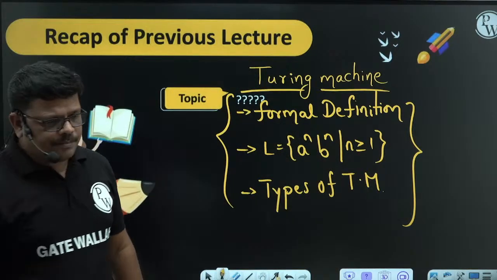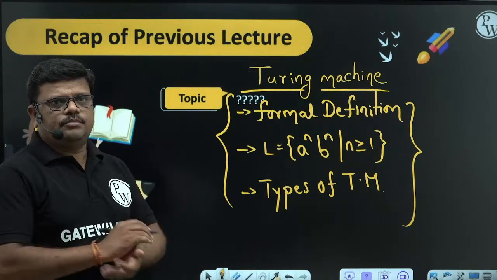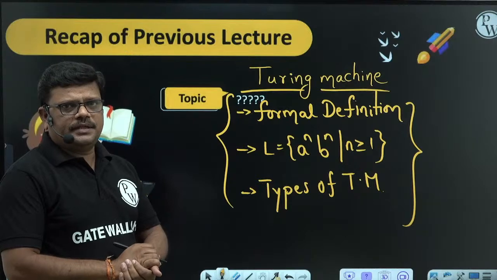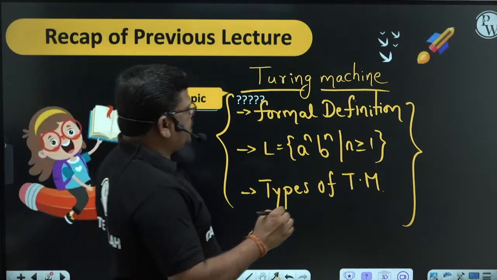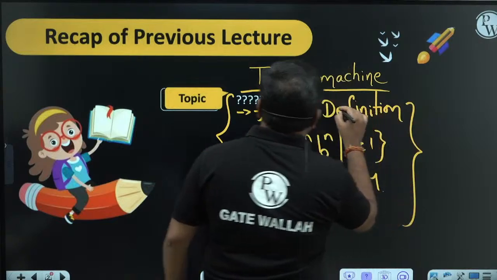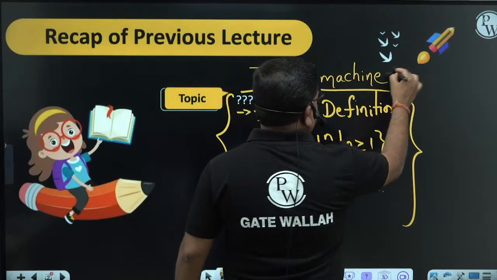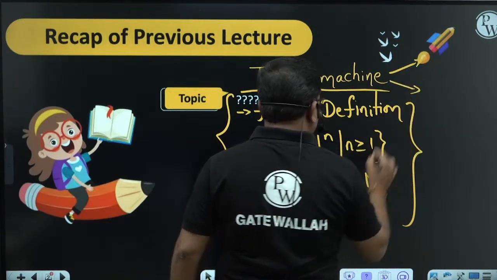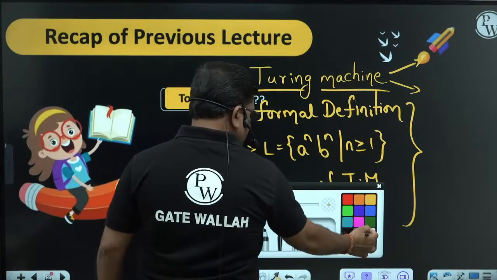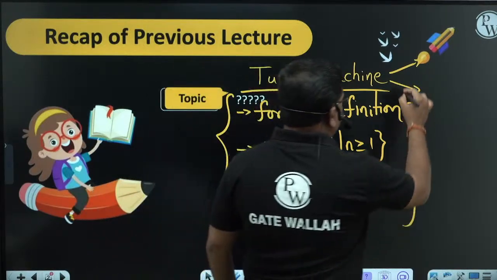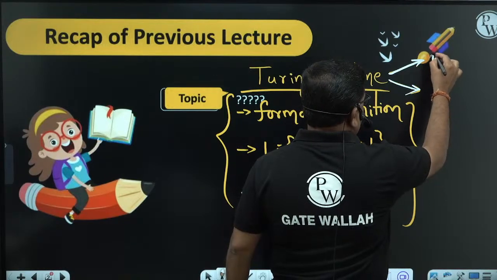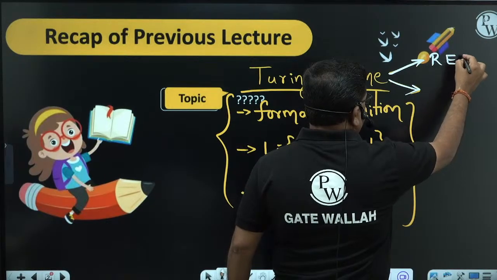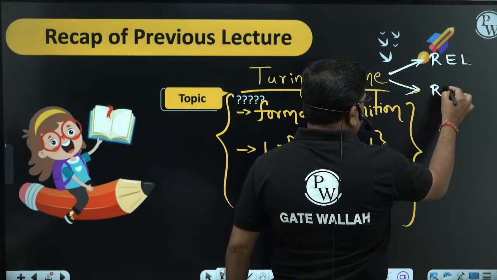Compared to the previous automata, finite automata and push down automata, the property Turing machine has is in the language of Turing machine. If you observe the language of Turing machine, it will be categorized into two categories: recursively enumerable languages, RELs, and recursive languages, REC.